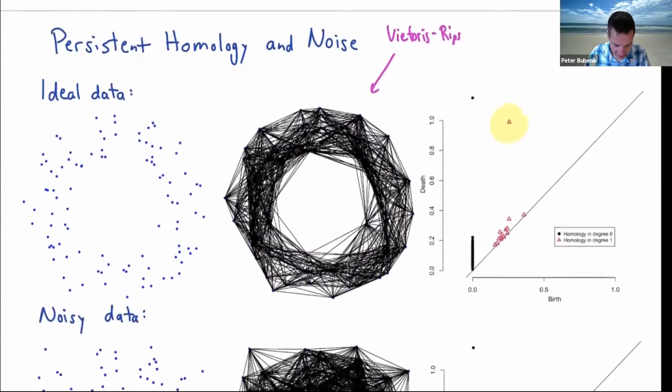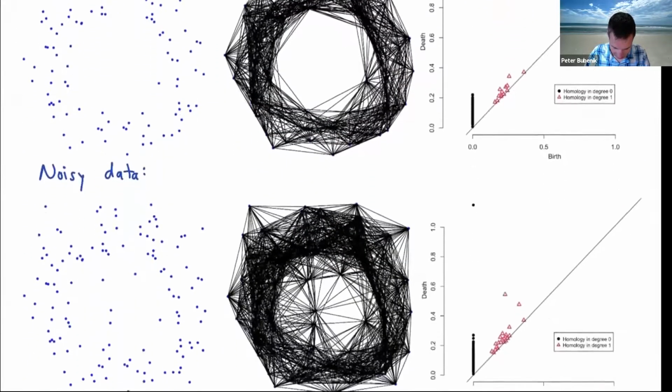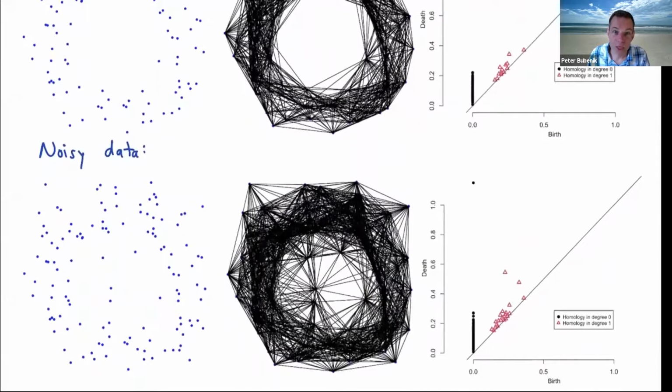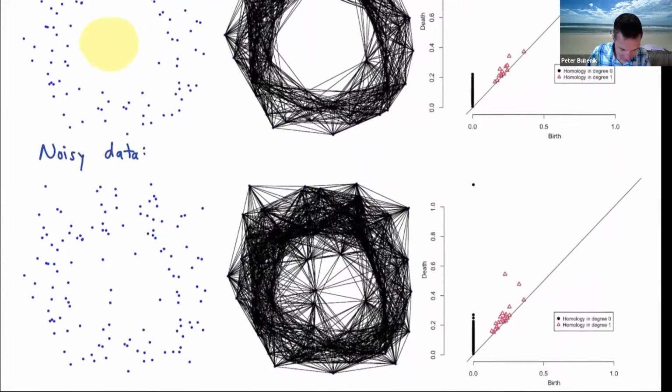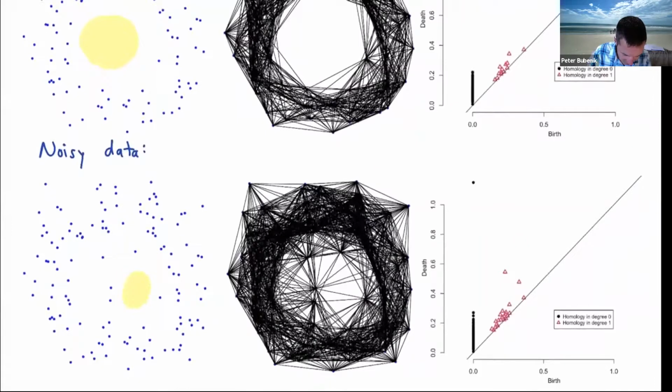However, all right, let's add some additive noise. So let's sample 25 points on the square containing the annulus independently and add them to the previous point cloud and repeat. And now you see there's a problem, right? So here we had this big hole, and now we have a couple of smaller holes instead.